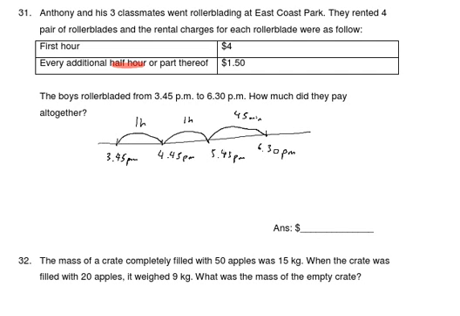Okay, so we know that the first hour is how much? And after which they charge $1.50 per half an hour block, right? So for this 1 hour, how much do they need to pay? $3, right? Because $1.50 times 2 is $3.